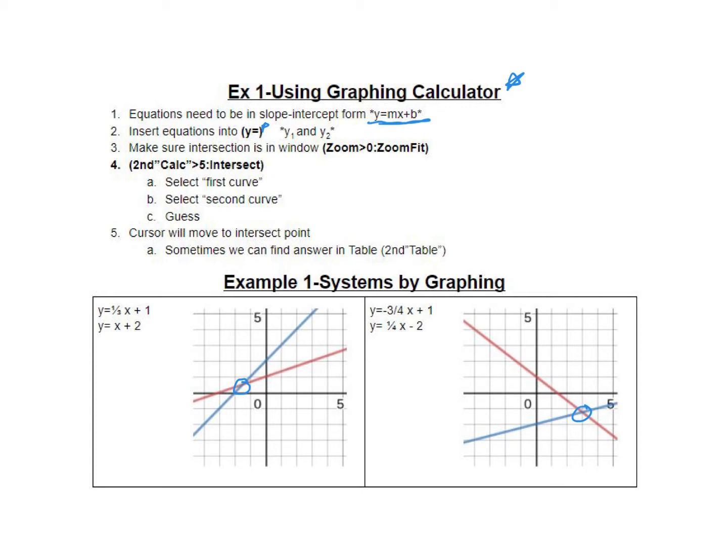We always want to make sure our zoom fits so we can see what's going on. Then step 4 is the important step. We hit second, calc, and that's going to be our intersect key. Now you hit enter, enter, enter through the first curve, second curve, guess. And that's going to give us an answer.